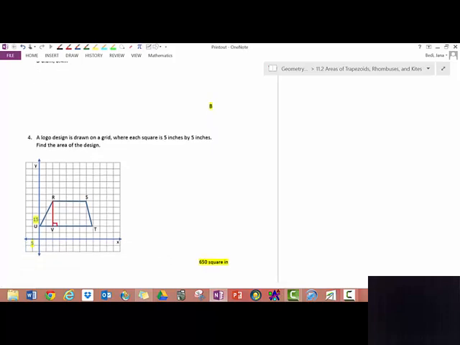Recognize another trapezoid. The reason I know this is a trapezoid is because these two, RS and UT, are horizontal lines. Their slope is 0, and when two lines have equal slope, they are parallel. I want you to pay attention to the scale.